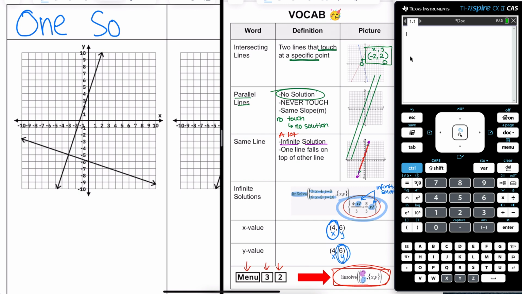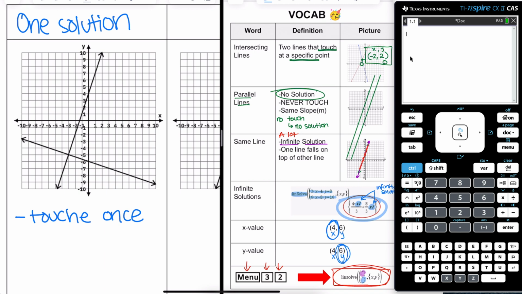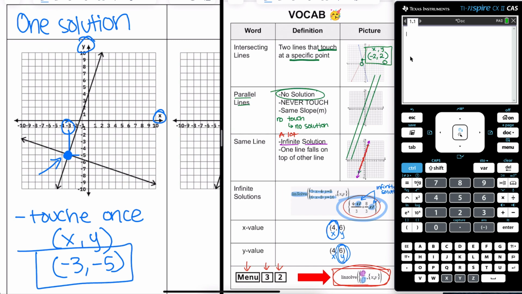One solution means it touches once, and it touches right here. This point right here, remember it's always x and then y. So if we have the point x, y, my solution is -3, -5. That is my solution.